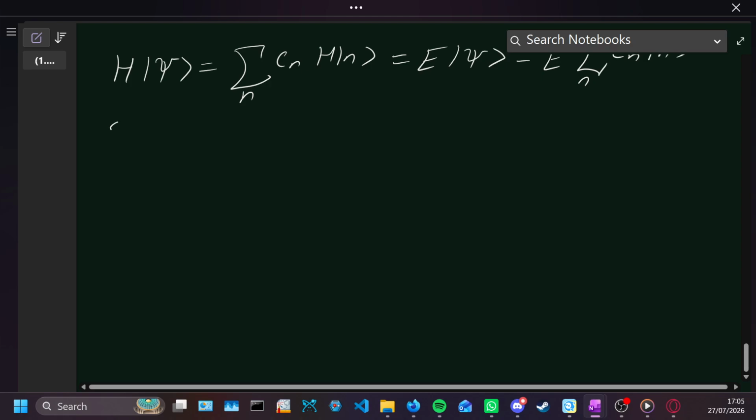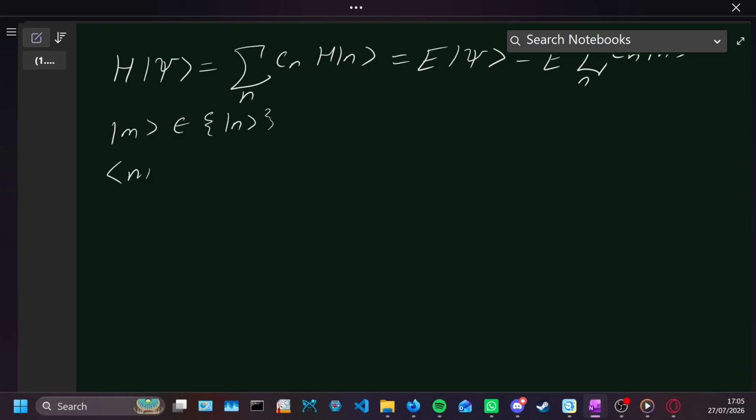If I then take an arbitrary m from my basis set n, and then apply the bra of that to this, again it is linear, so I can bring it in. And then I get these inner product structures here.